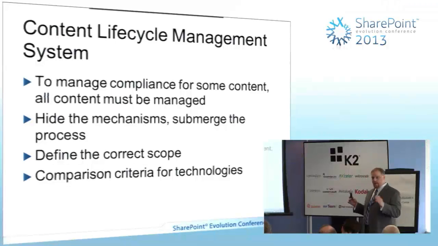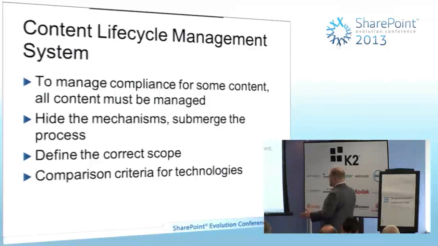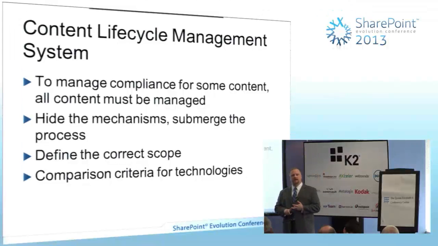But its job is to make it cost effective, to make it possible for us to implement this system in more than fits and starts when the inspector shows up to do a compliance audit. So, it has to be able to manage content, and it has to be able to manage the life cycle for all content.